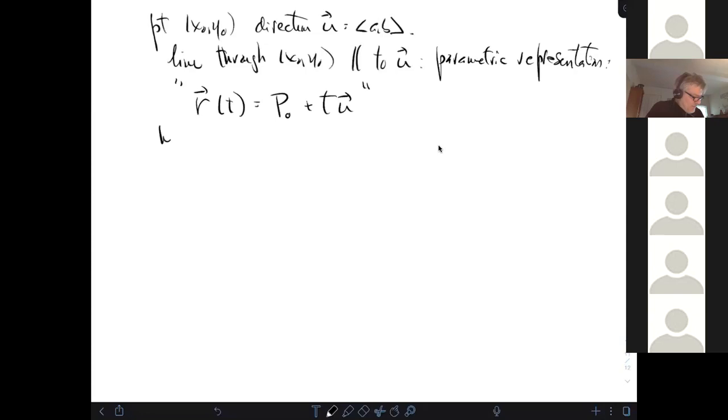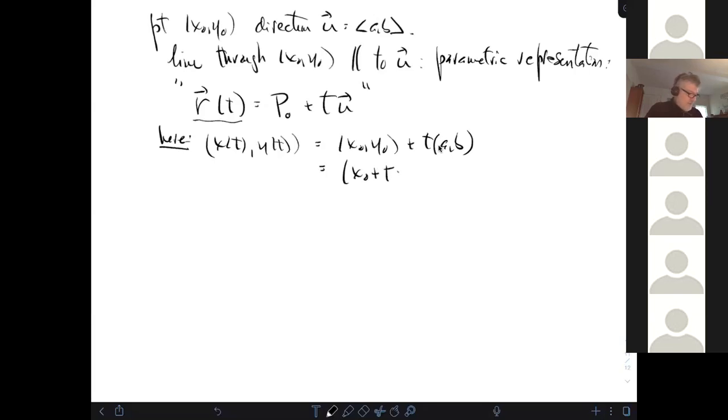So here, I'm going to write r of t as (x of t, y of t). This will be (x0, y0) plus t times (a, b). That's the same as (x0 plus t times a, y0 plus t times b).